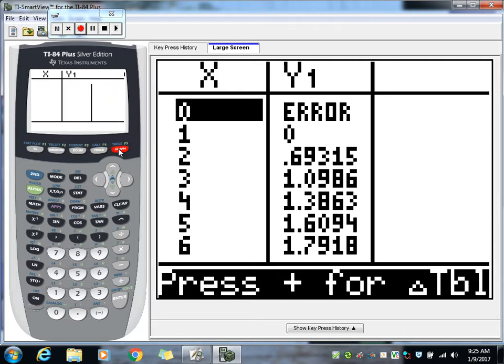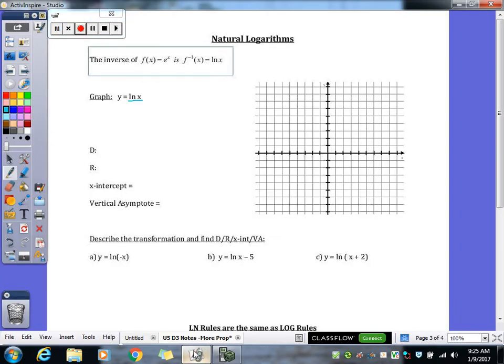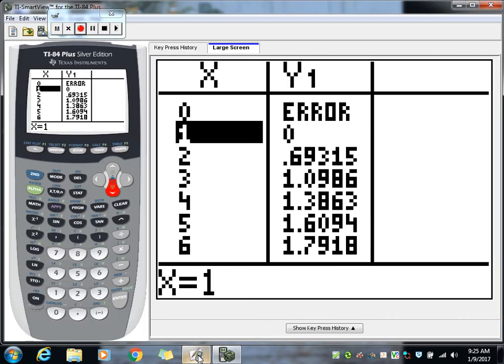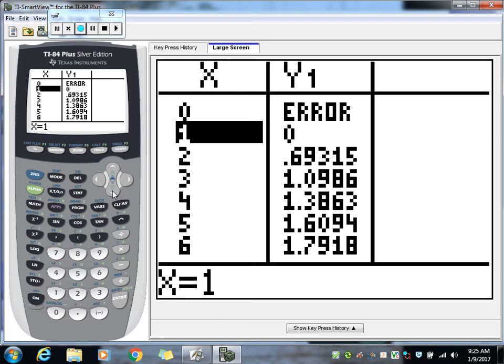So if we look at our table, we want just a few points. So we could use the point 1, 0. And then I'll use 2, 0.69315. Let's see here, can we find another good point?